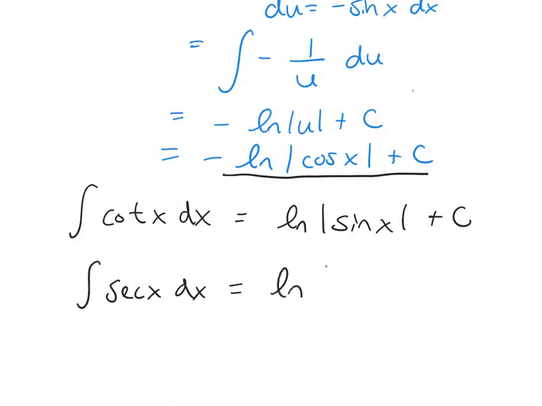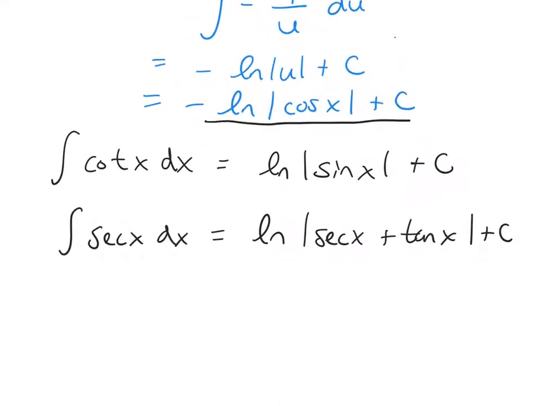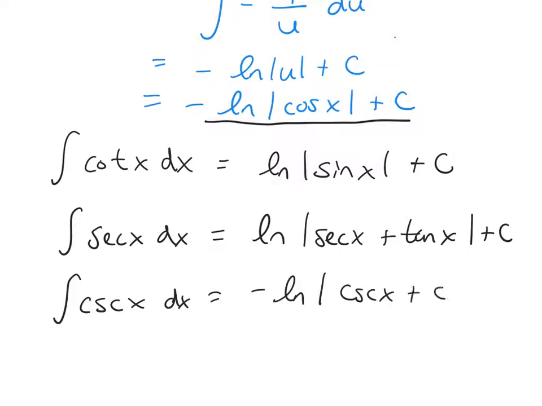You get natural log of secant plus tangent plus c. And the integral of cosecant is very similar. It's a negative natural log of cosecant plus cotangent plus c.